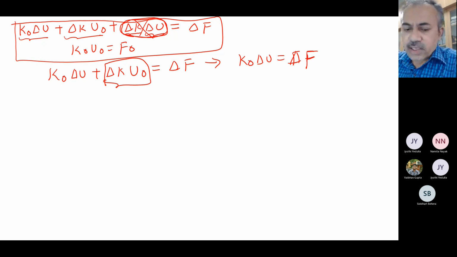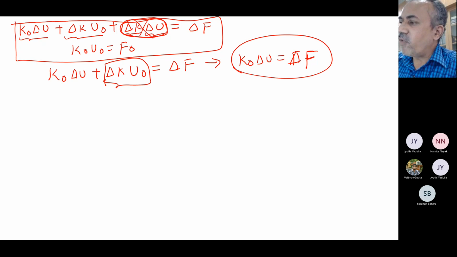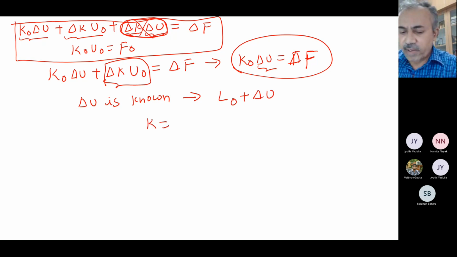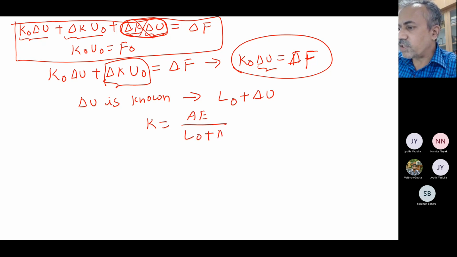So our K will be the stiffness matrix, with the length of the new bar. Now you solve this equation and you will find delta U. Once delta U is known, you can calculate the new length of the bar as L naught plus delta U. Then my new K is basically AE by L naught plus delta U. So this is the new stiffness matrix.